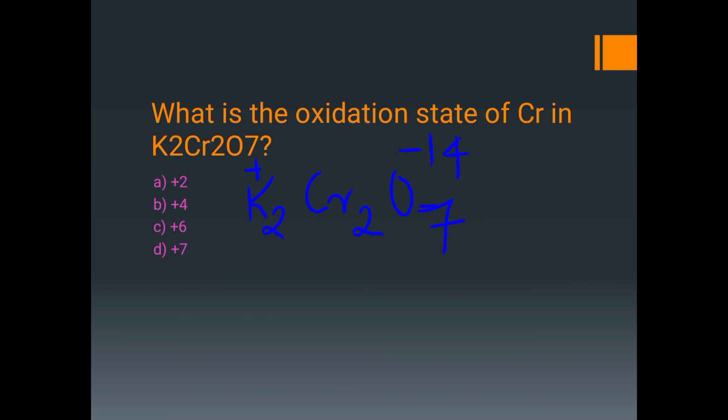Here potassium is +1, so with 2 potassiums it will be +2. Obviously, to make it balanced, chromium will need +12. They've asked for 1 chromium, and we have 2 chromiums, so the oxidation state of one chromium will be +6. Let's check. Yes, it's +6.